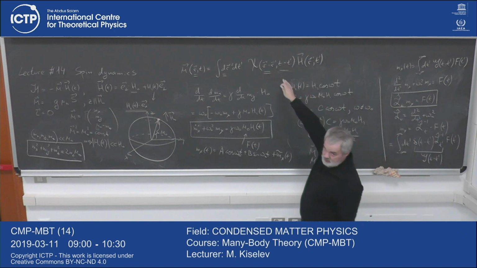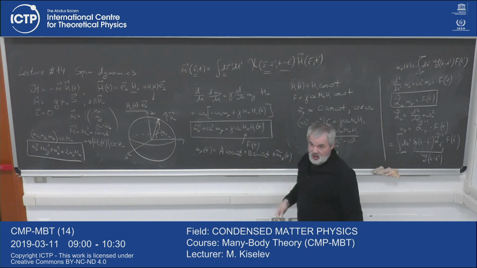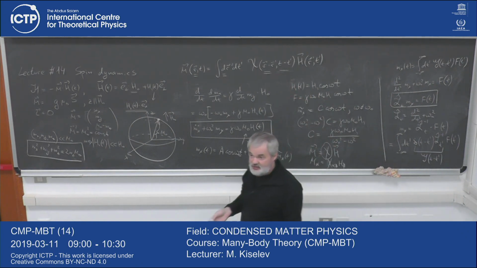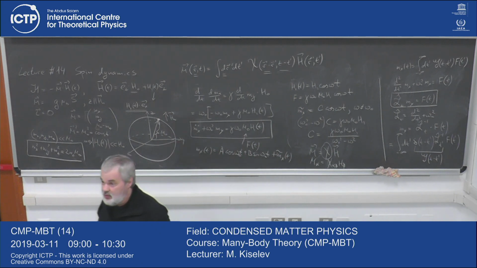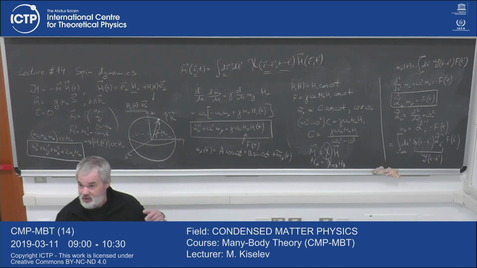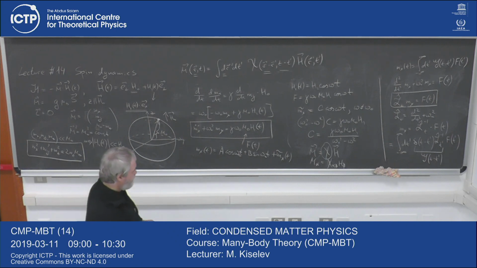So you see that g and susceptibility are connected. So if I am able to find this function g, then I will immediately find susceptibility. Correct? Good. Let's do that.